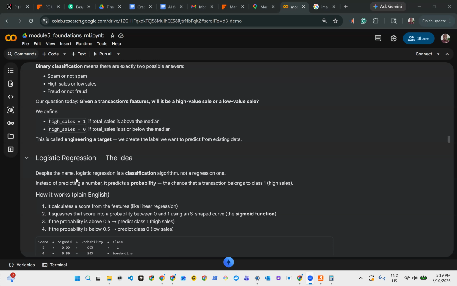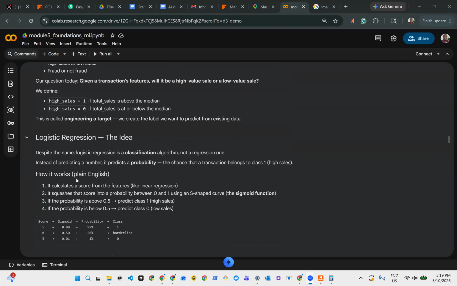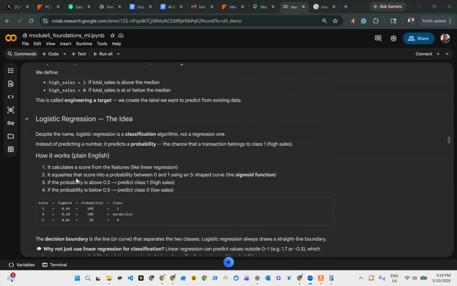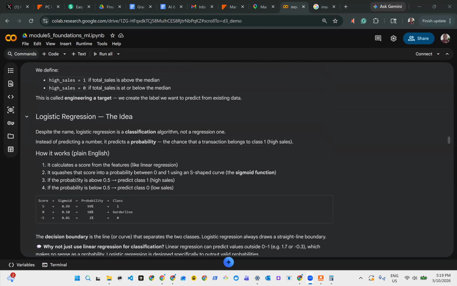So we use probability this time. Just know that logistic regression uses probability and it's not predicting a number. We get to know how it uses the probability to come to a conclusion about which class it belongs to later on in this course.